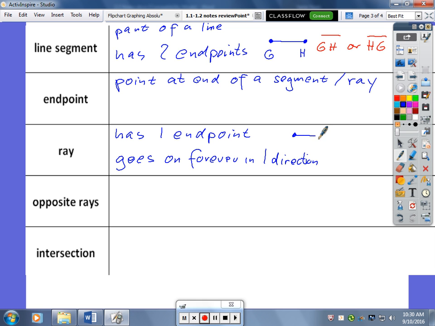Let's look at these 2 rays, and we're also going to give them points and name those points to help us name the ray. The first ray is called ray JK, and you indicate that by a line over the letters with 1 arrowhead.